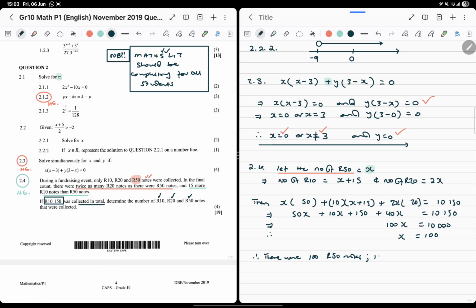We're going to say there were also 115 10 rand notes. And basically 100 times 2, this is 200 20 rand notes. Nice.